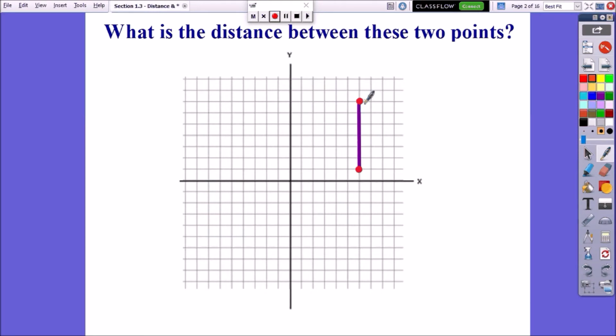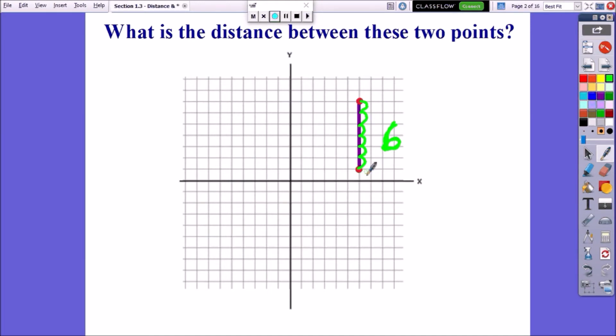And we're going to use something I call the bunny hop method, if you will. It's 1, 2, 3, 4, 5, 6 units long. So the distance between those 2 points is the same as the length of the segment, in this case, which are both 6. And we could simply just count that.